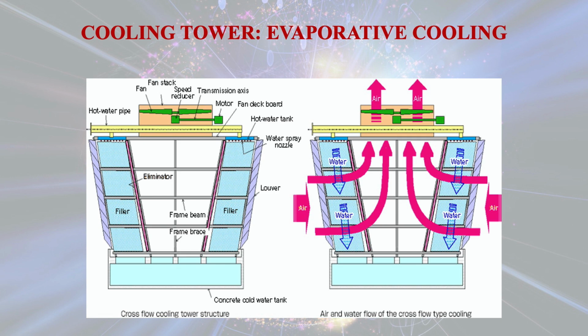Condition of the water at the inlet of the cooling tower is hot, and while falling from top to bottom there is heat transfer from the hot water to the dry air.